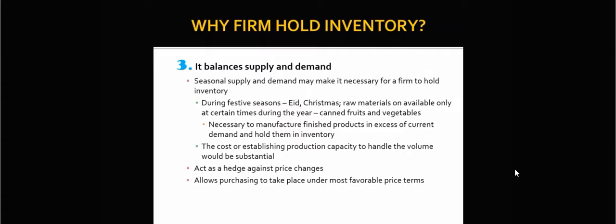So bila kita ada inventory, dia akan membolehkan untuk barang-barang ni dibeli dengan harga yang kita kata munasabah lah, harga yang berpatutan lah, harga yang tidaklah terlalu tinggi dan tidaklah terlalu rendah. Okay, so ni yang kita kata dia menseimbangkan permintaan dan penawaran.